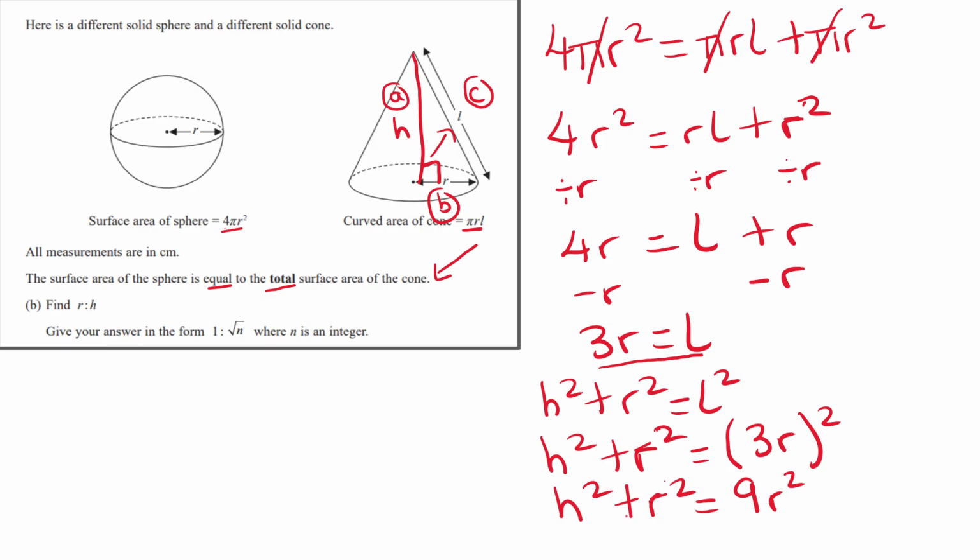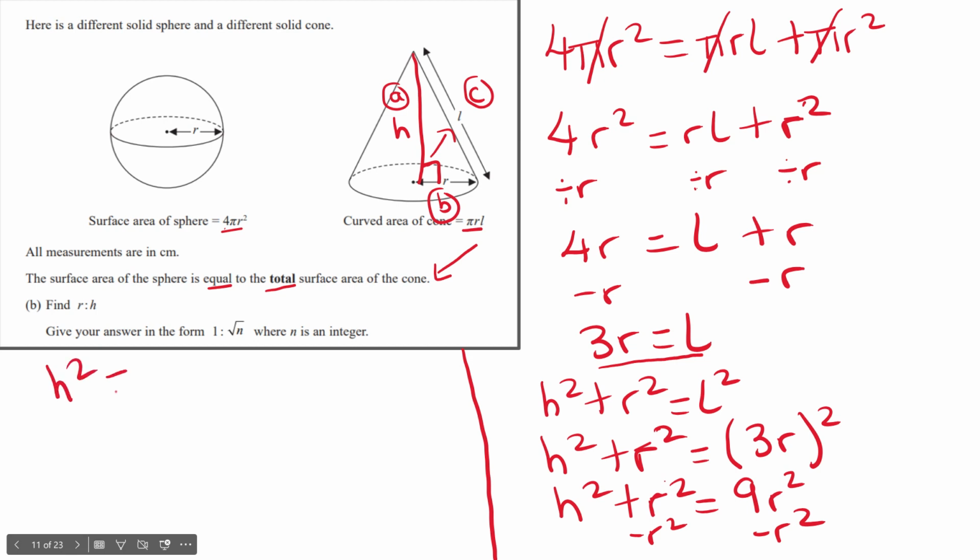So I've got h squared plus r squared equals 9r squared. I can subtract r squared on both sides. So I've got h squared equals, now 9r squared take away r squared is 8r squared. And then the final step is to square root to get h on its own.